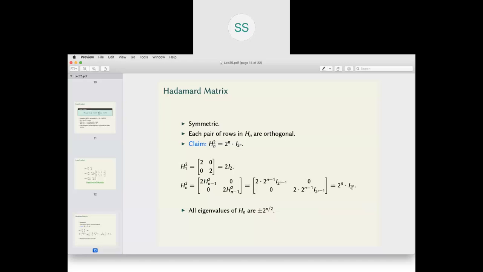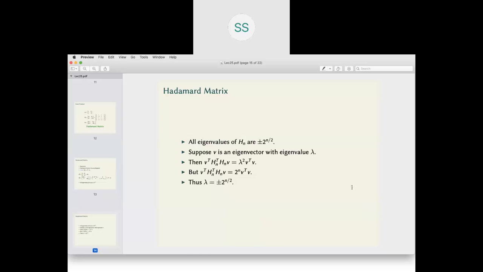The last interesting property is that all the eigenvalues of Hn are plus or minus 2 power n by 2. This is the property that we will exploit here. Why is this true? Suppose v is an eigenvector with eigenvalue lambda. Then Hn times v is lambda times v, by the definition of eigenvector and eigenvalue.